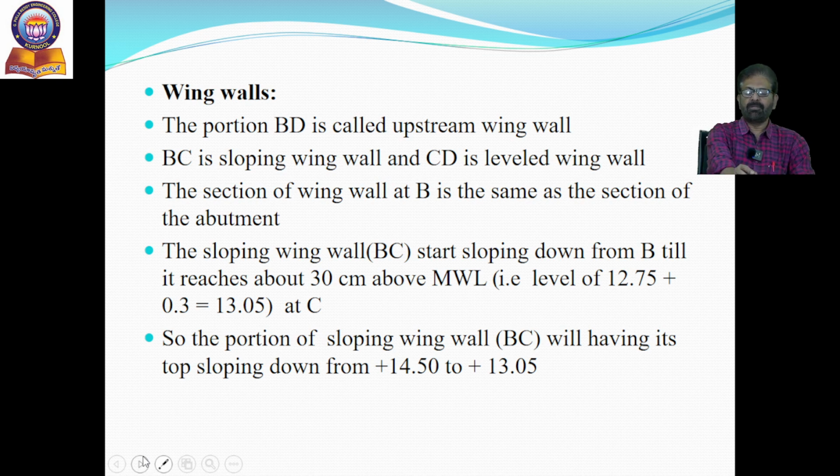Anyhow, the upstream wing wall is the portion BD, and between B and D there is one more salient point, C. So BC is the sloping wing wall and CD is the leveled wing wall, as shown in the previous figure. The section of the wing wall at B is the same as that of the abutment. There is no doubt.